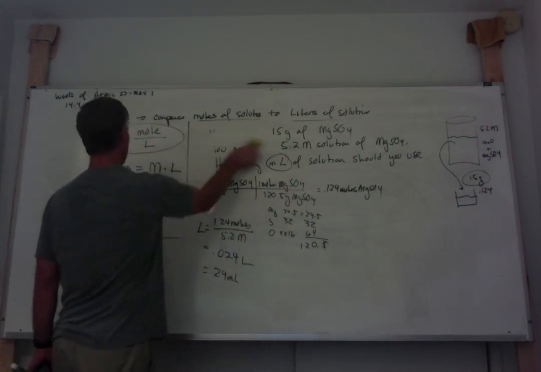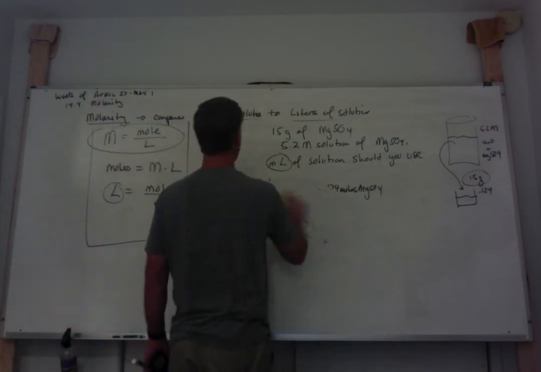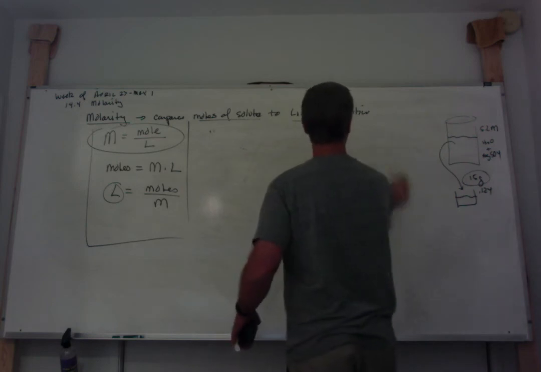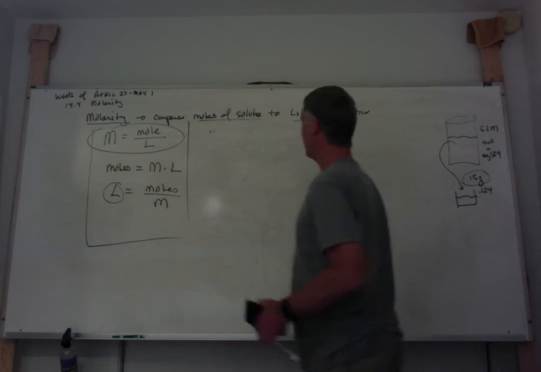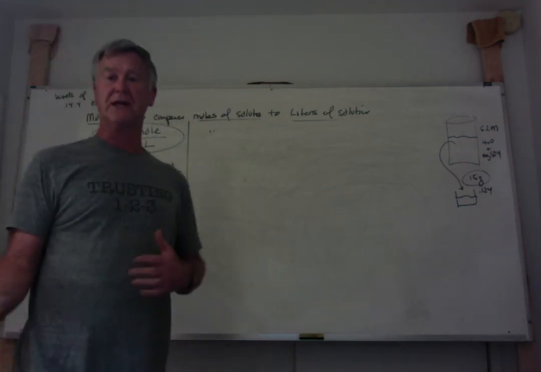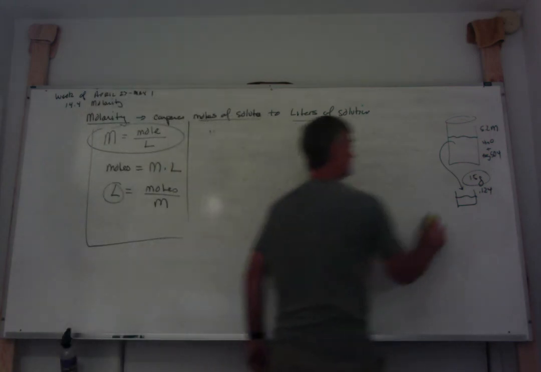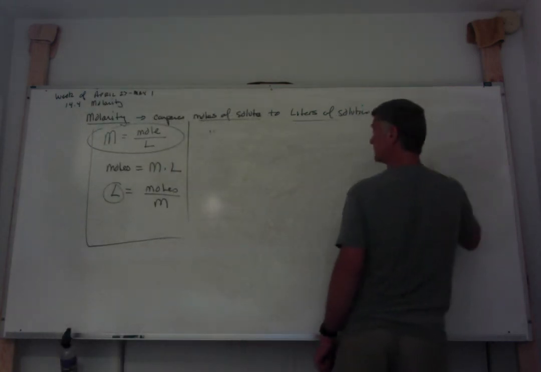Let's do one other problem. And again, most of the time we don't start with moles, we start or end with moles. That's an in-between. We'll go to grams instead. So we could have a problem like this one.